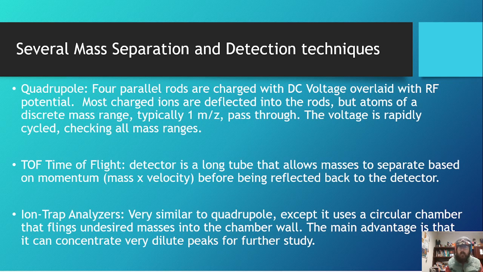It's like a gate where most charged ions will be deflected into the rods. Basically, we're denying so many ions, and they all slam into the wall. But we set it so this mass can go through. Typically the range is only 1 mass per charge, but we say this mass can pass through.